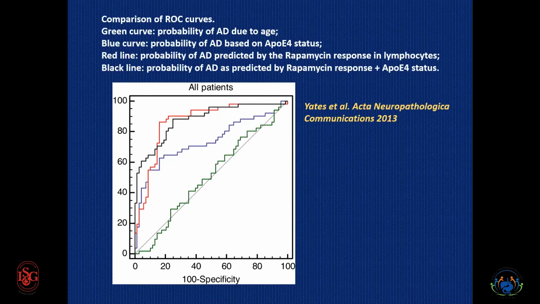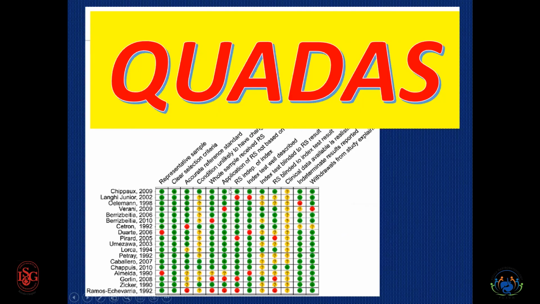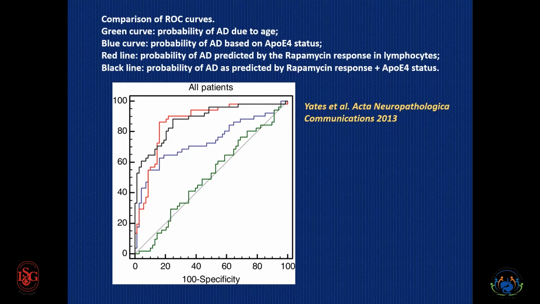Let's take, for example, the diagnosis of Alzheimer's disease. Here the green line shows the ROC. When you take age as the cutoff, it is as good as random, like tossing a coin, not at all a useful test. But when you add the ApoE4 status, the curve moves upwards.